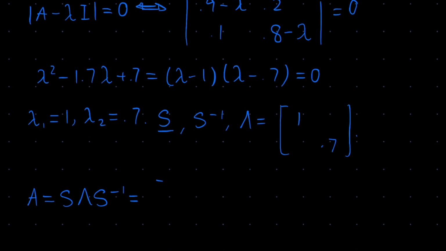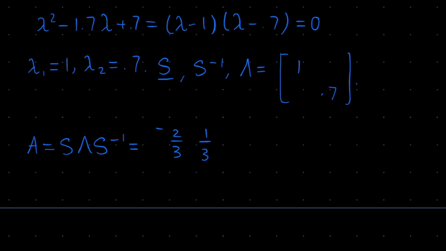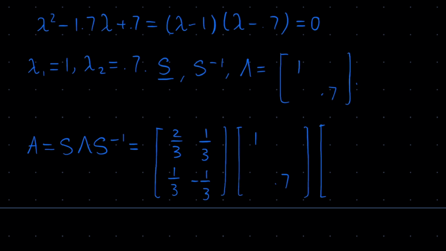I'm simply going to write what we have when I compute all of this over here. We have this times our eigenvalue matrix. And last but not least, we multiply it by the inverse of the eigenvector matrix. This is what we get.